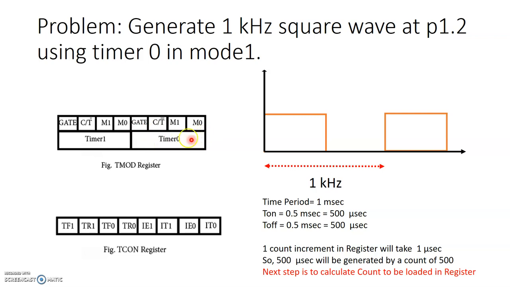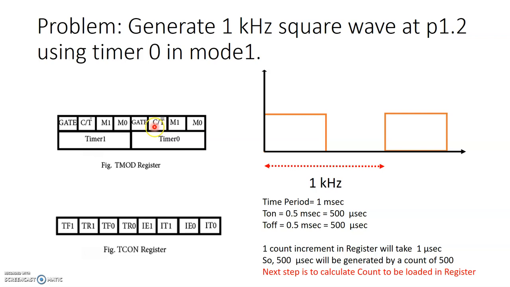The lower 4 bits are for timer 0, and the higher 4 bits are for timer 1. M0 and M1 decide the mode in which the operation should happen. Since in our problem we have to work in mode 1 with timer 0, we need to configure this part of the TMOD register. So M1 should be 0 and M0 should be 1, so that we get mode 1.